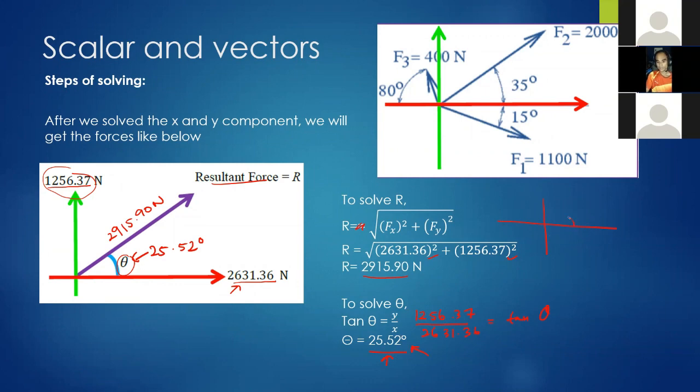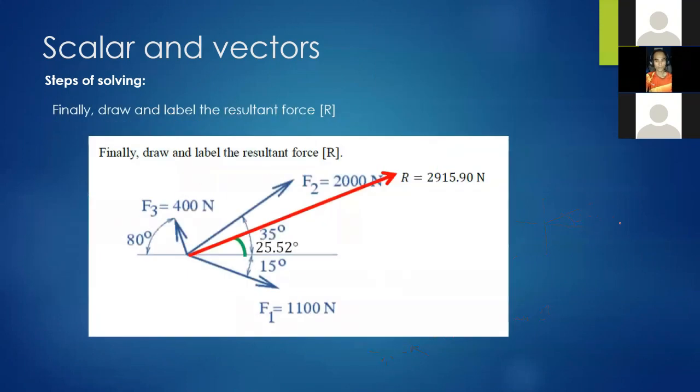So it is this way, 25.52 degrees to the horizontal. Any question? So where is the resultant force? This is the answer: the resultant force is this red arrow.